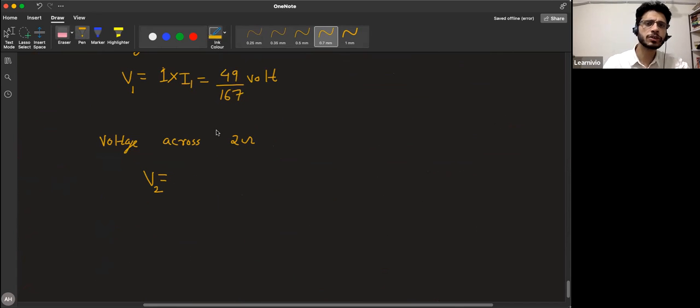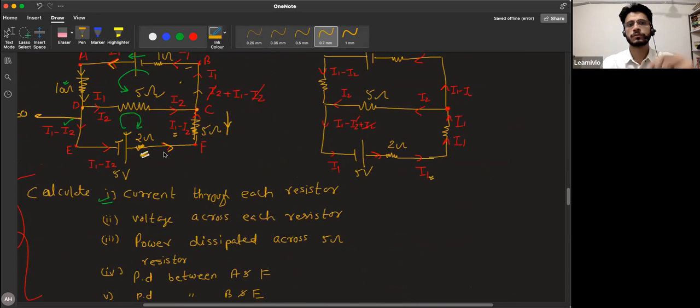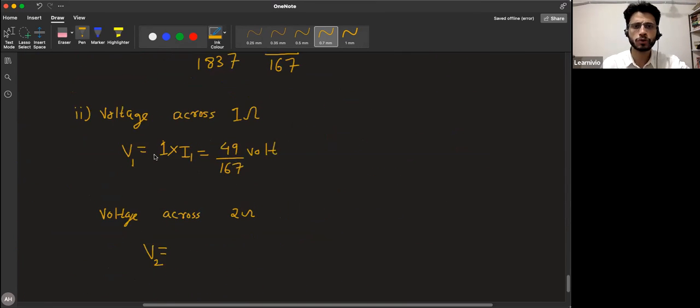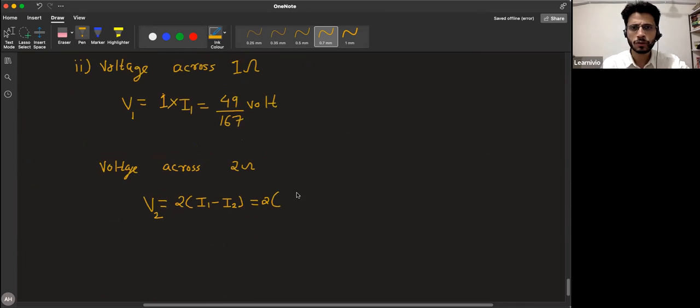Ishma, what is the current passing through this 2 ohm resistor? 2 into I1 minus I2. So the voltage across this is 2 into I1 minus I2. So it's 2. How much is I1? I1 is 49 by 167.